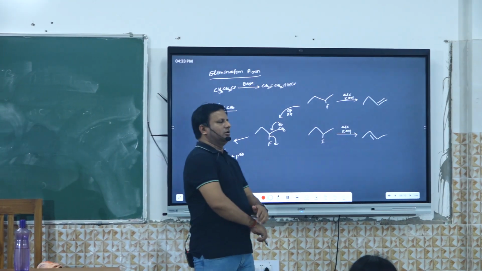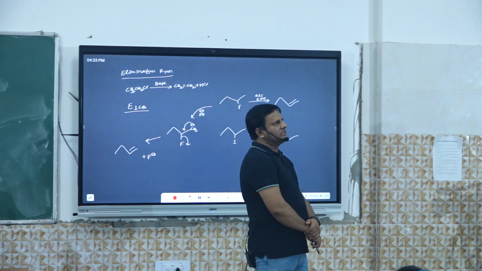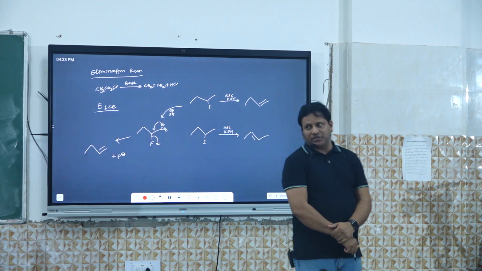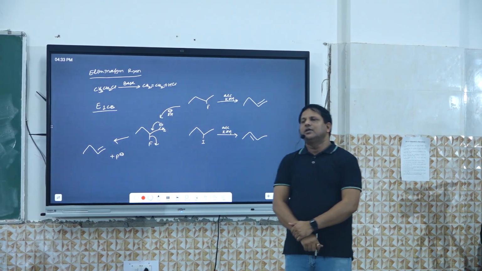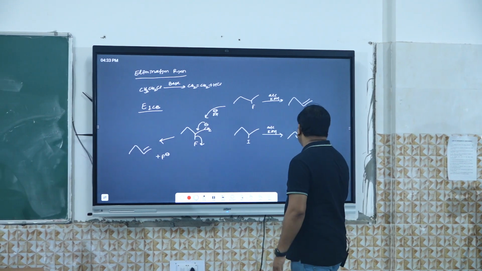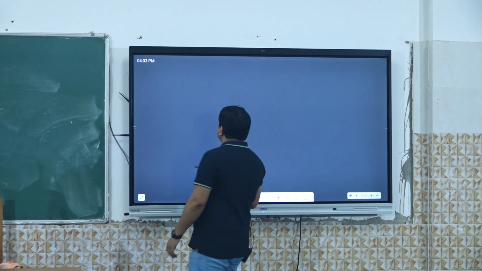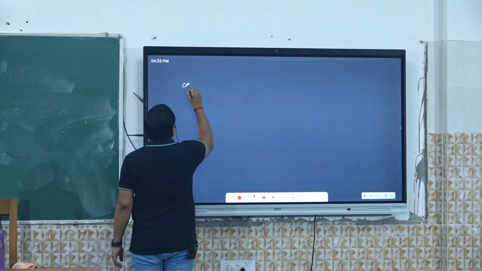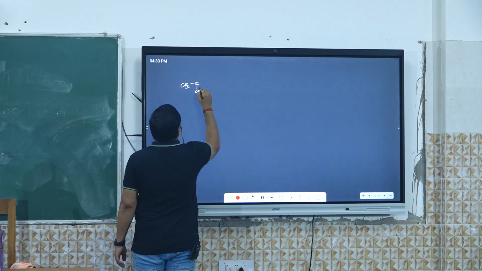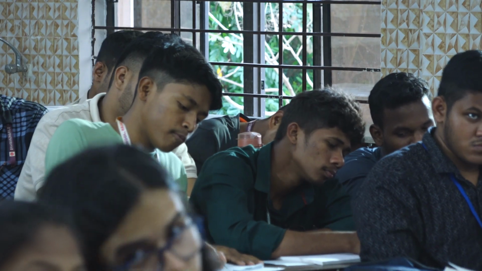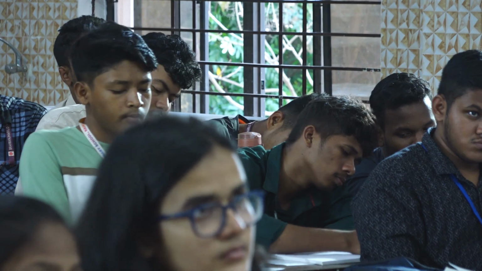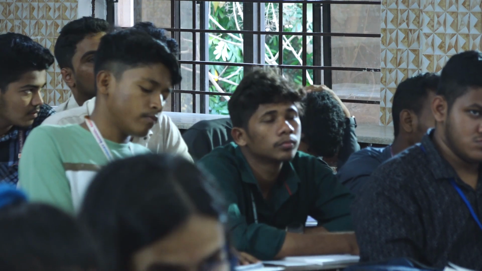Next, second under the Hoffman product: if the base is a bulky base. Do you know tertiary butoxide? This is tertiary butoxide, so a bulky base. If you are taking TBuO, this is the representation.